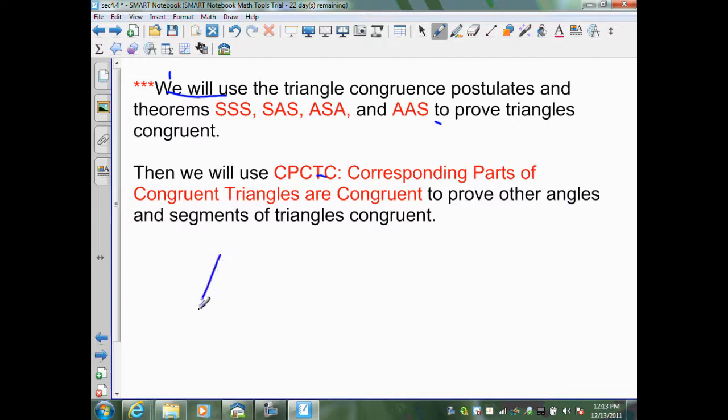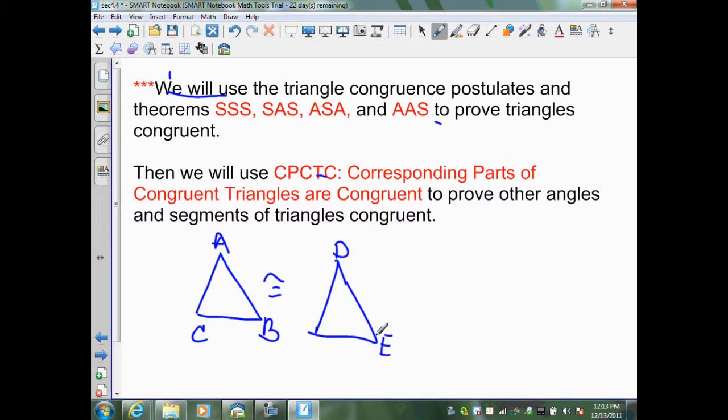As we've learned before, if I can prove triangle ABC congruent to triangle DEF, I know that I have 6 correspondencies. I know that I have 3 sets of sides that are congruent and 3 sets of angles that are congruent.